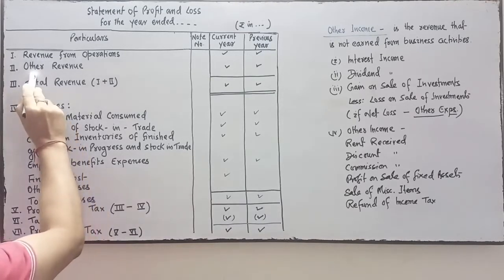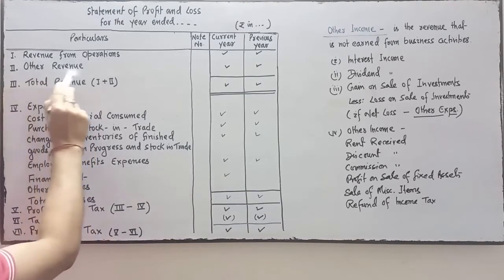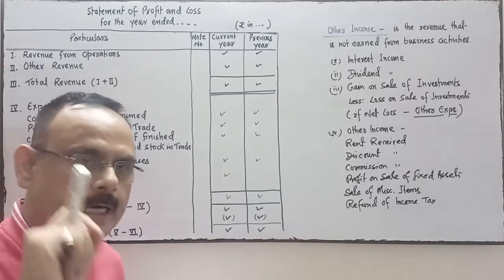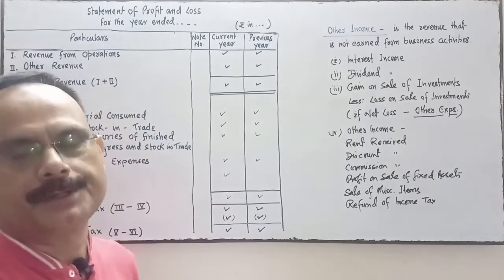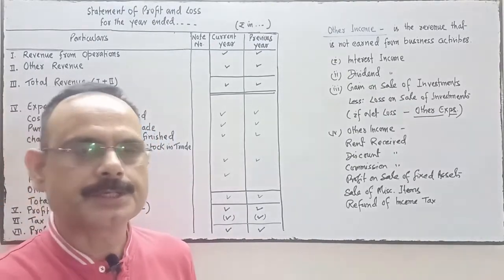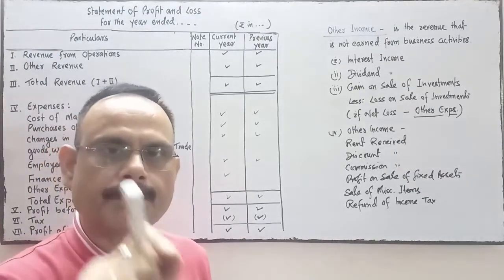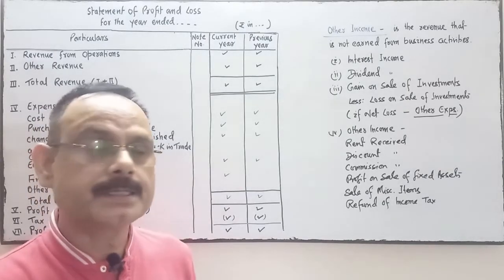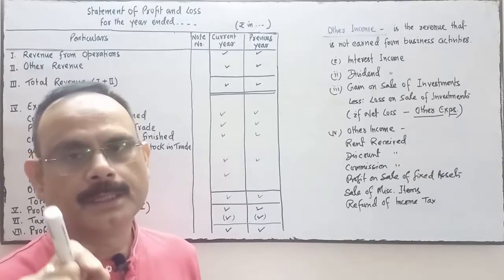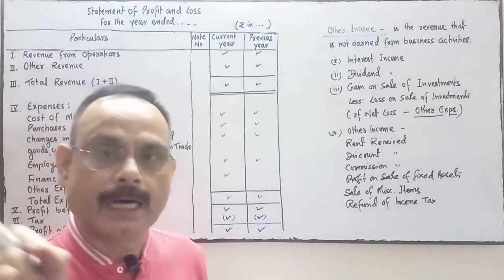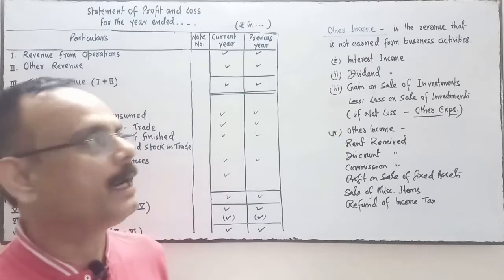Now, other revenue, the second one, is other revenue. Other revenue is the revenue that is not earned from the main business activities, the main operating activities. That is not the main business of the company. And if such revenue is earned, that comes under other revenue.